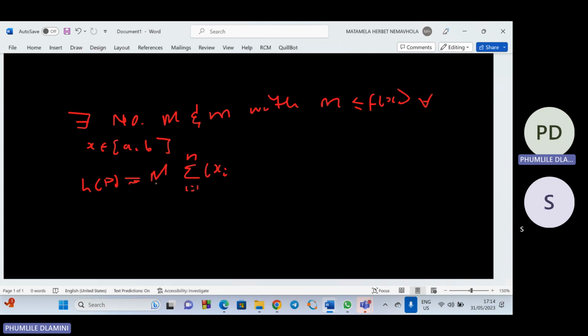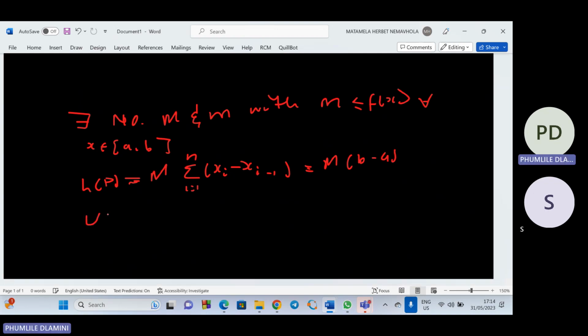This M is no longer having i. If you take that into account, it can also equal M in brackets (b minus a), the interval values. Which means if you have this number for supremum M, then you can just multiply to get the lower sum.